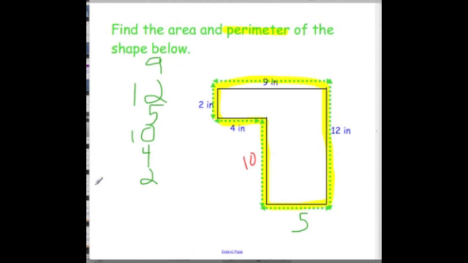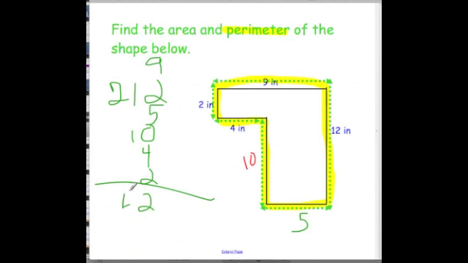Now all we have to do is add all these together. You know that 9 plus 2 is 11, plus 5 is 16, plus 0 is still 16, 16 plus 4 is 20, plus 2 is 22, bring down our 2, carry our 2, it's 22. 2 plus 1 is 3, plus 1 more is 4.